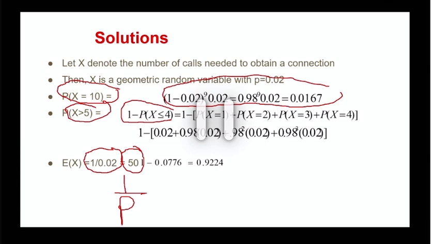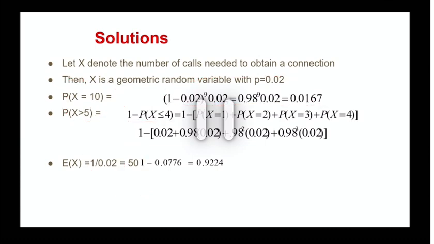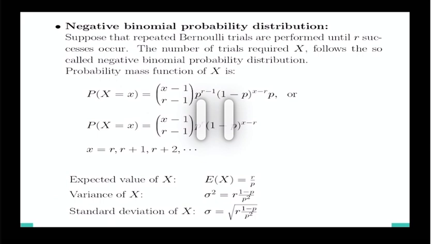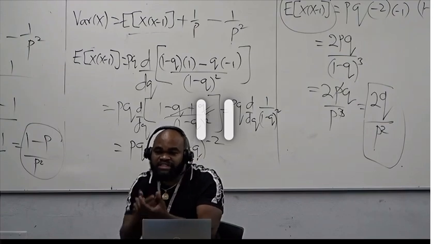Now, because of my time, I'm actually going to move on to negative binomial. Now, pay attention. Negative binomial is a general form of geometric, the same way binomial is a general form of Bernoulli. Now, what is the difference?